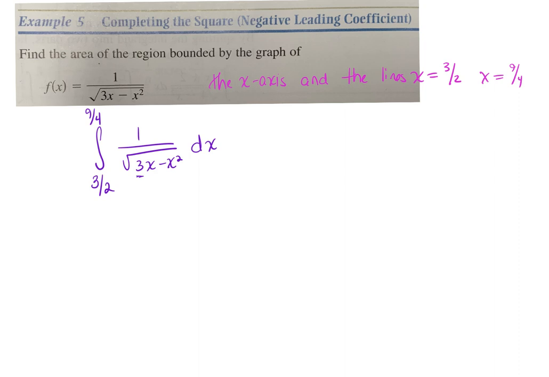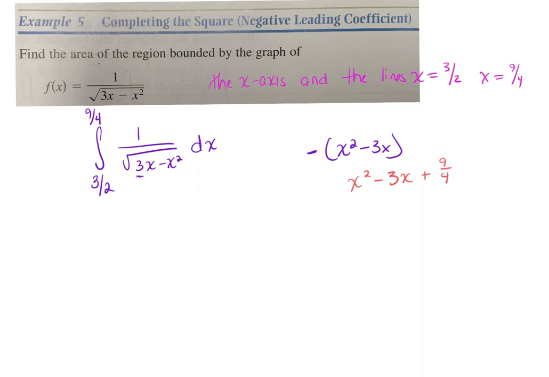So if I were to complete the square right here, I pull out the negative and write it x squared minus 3x, right? That's all I did, I just factored out a negative. Then when I complete this square, it's going to look like this: minus 3x, cut that in half, 3/2, plus 9/4, right? That's just 3/2 squared.